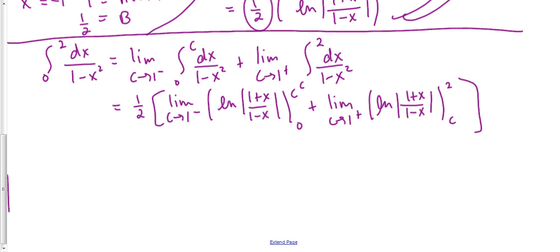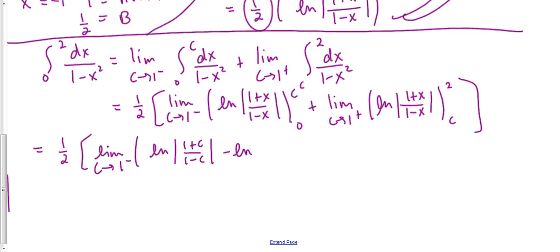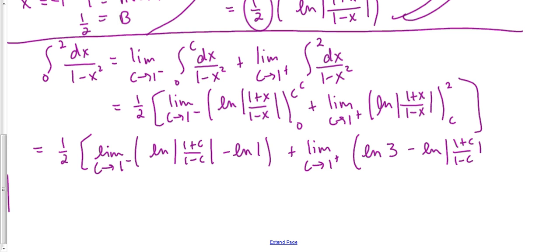So let's substitute in those limits of integration and see what we're going to get. I'm going to have 1/2 times the limit as c goes to 1 from the negative side of the natural log of 1 plus c over 1 minus c minus the natural log of 1, plus the limit as c goes to 1 from the positive side of the natural log of 3 minus the natural log of 1 plus c over 1 minus c.